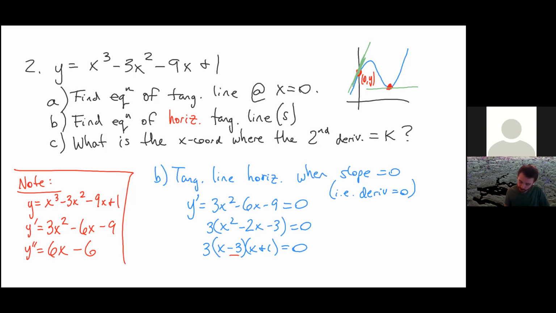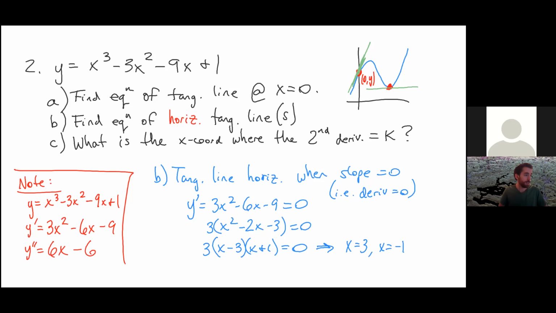And then negative 3 times 1 is negative 3. So that's good. And then solving this, I can just set each piece equal to 0 separately. So that would give me x equals 3. This other piece would give me x equals negative 1.